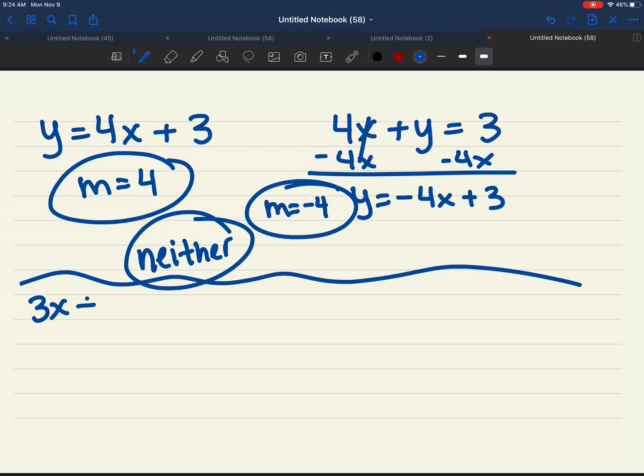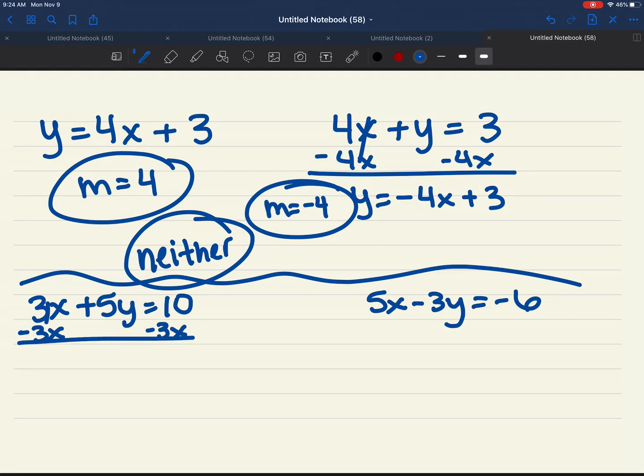All right, let's look at one more, and I think you guys will be okay with this. 3x plus 5y is equal to 10, and 5x minus 3y is equal to -6. Piper, can you tell me on that first one, the one on the left, how I would change that to slope-intercept form? Okay.